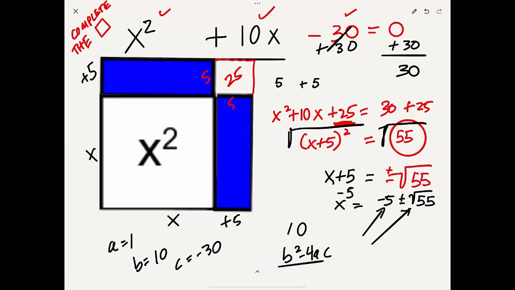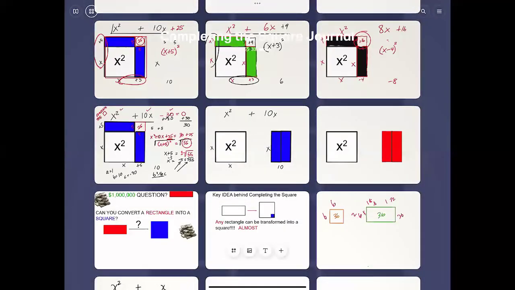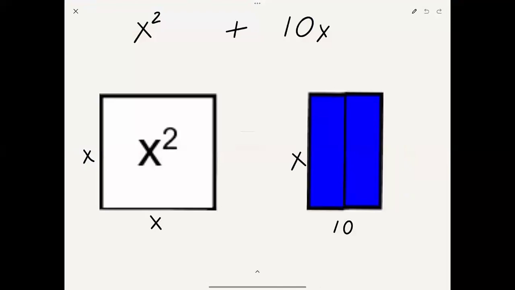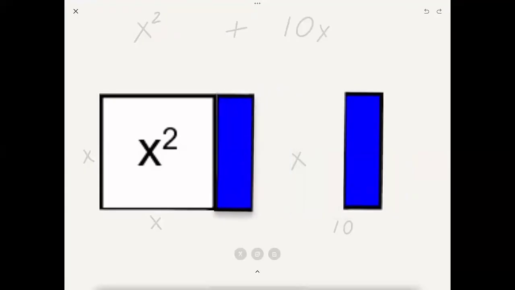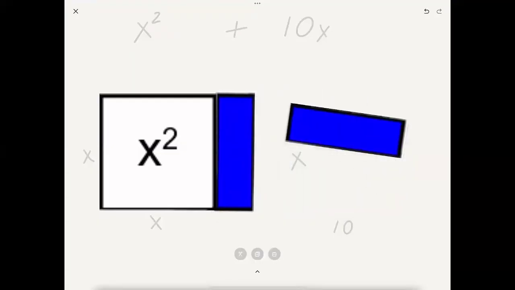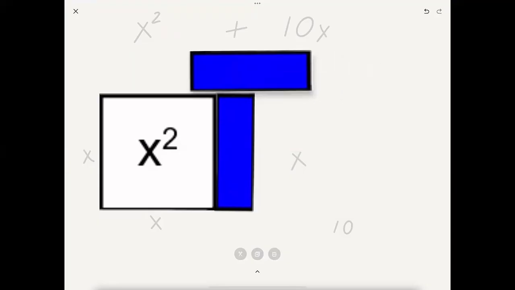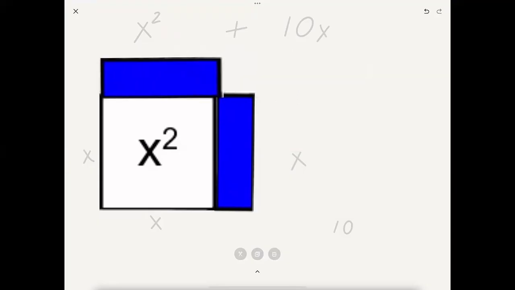All right, so let me wrap this up. Whenever you have a quadratic equation or a quadratic expression, you can always make it into a perfect square by splitting the rectangle in half, and then adding those sides to the existing square.